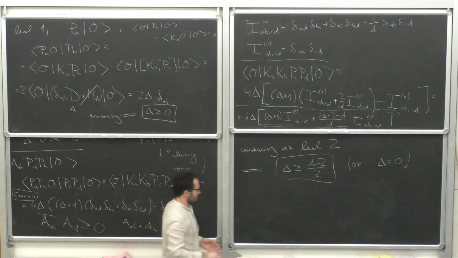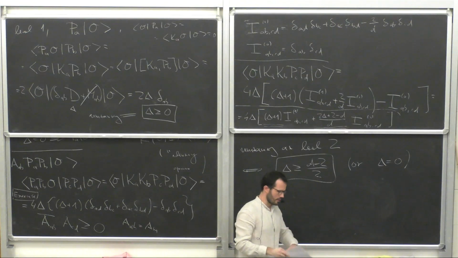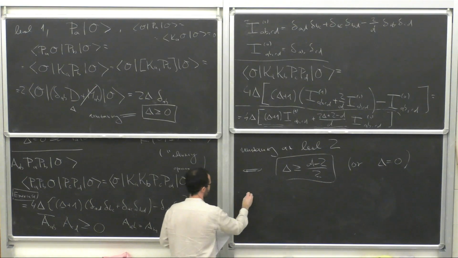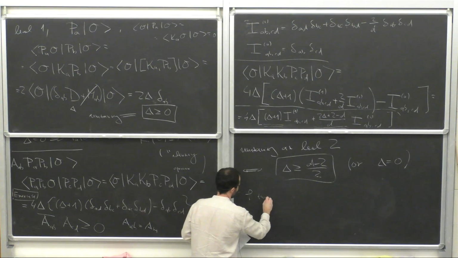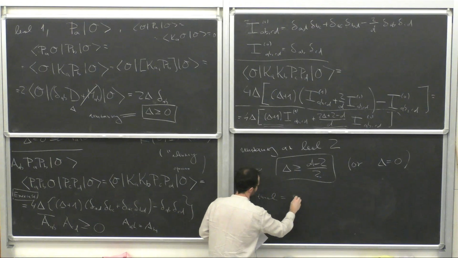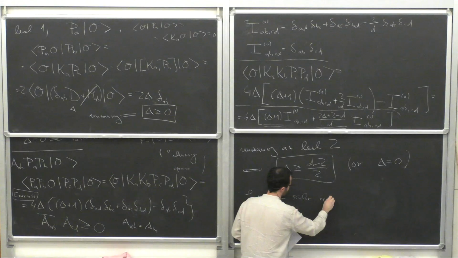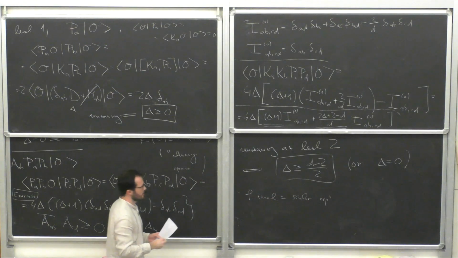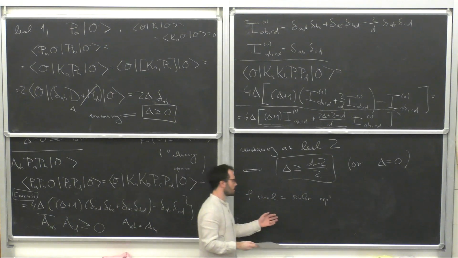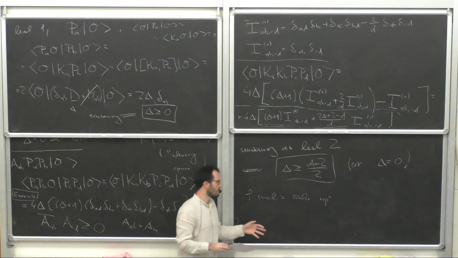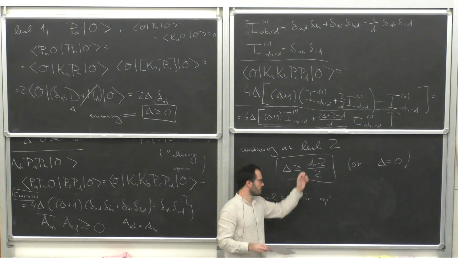So we have learned that for any scalar, for any trivial rho, it's called scalar representation because it doesn't transform under rotations, any scalar representation needs to have a scaling dimension which is at least the one of the free field.